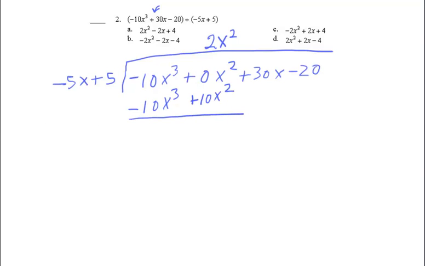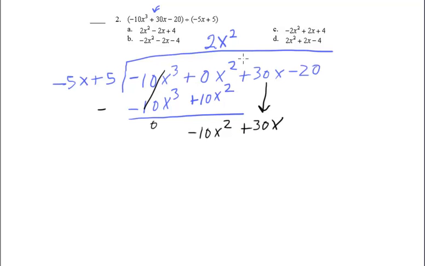And of course we just do our long division. So we're subtracting negative 10x cubed minus negative 10x cubed. Same as a positive, so that becomes 0, so that goes away. And we have 0 minus 10x squared, which is negative 10x squared. Bring down our next term, plus 30x.